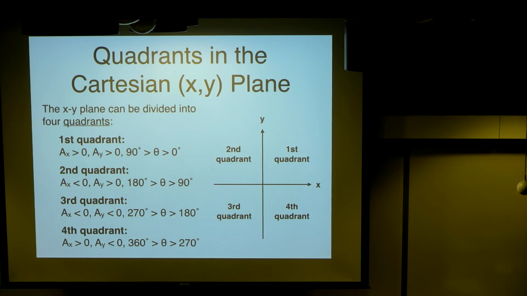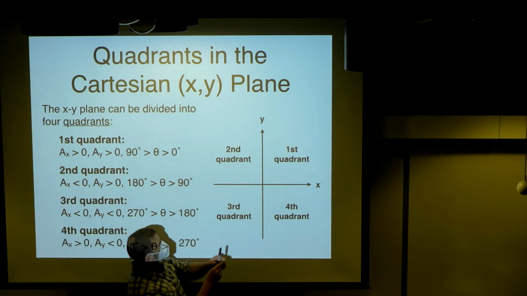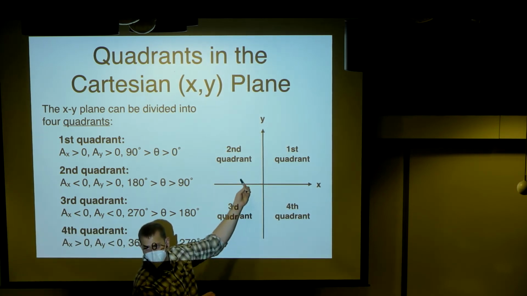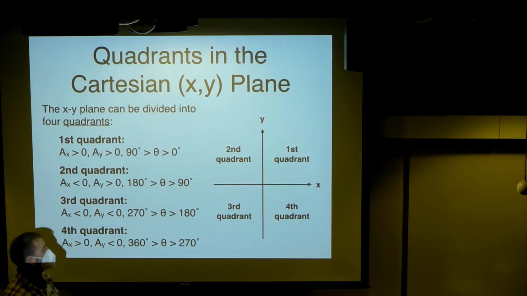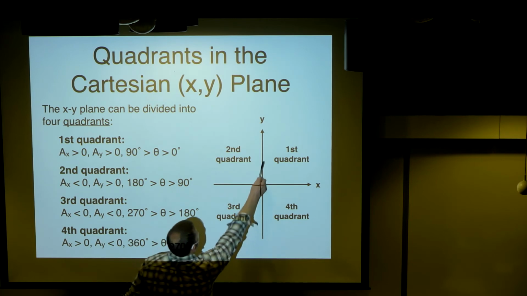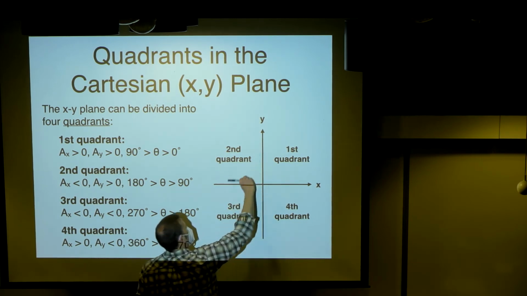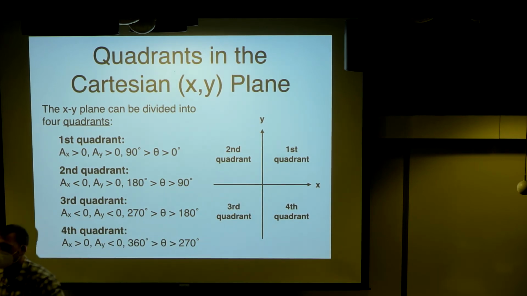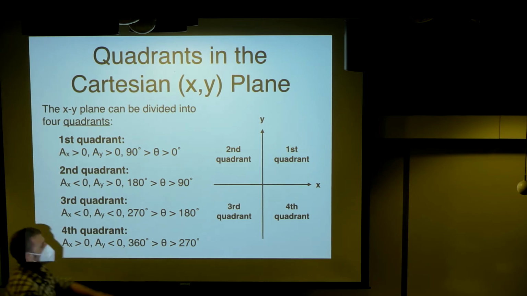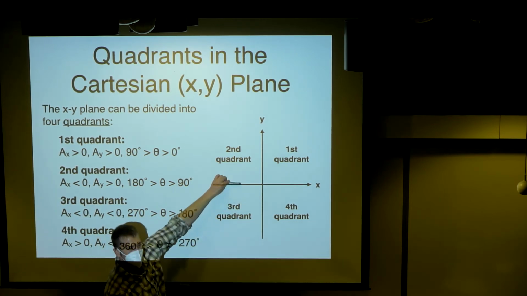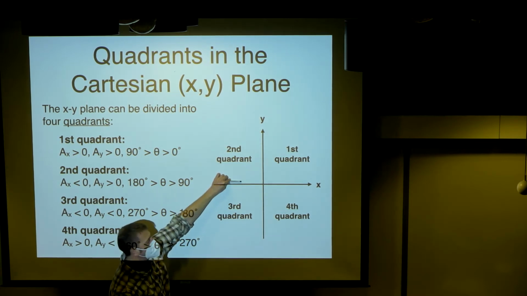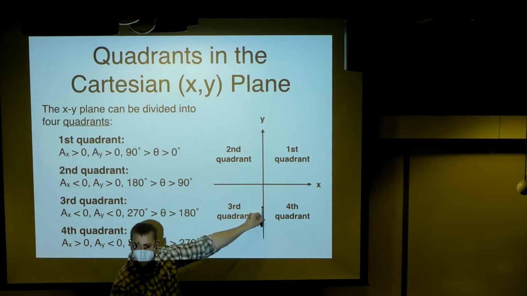If we're in the second quadrant, now we have negative x values, but positive y values. And in terms of our angle, we're anywhere between 90 and 180. Third quadrant, now both x and y are negative. In terms of an angle, we're anywhere between 180 and 270 down here.